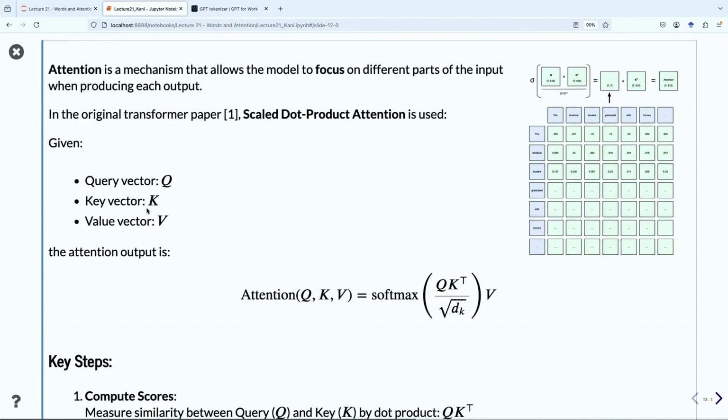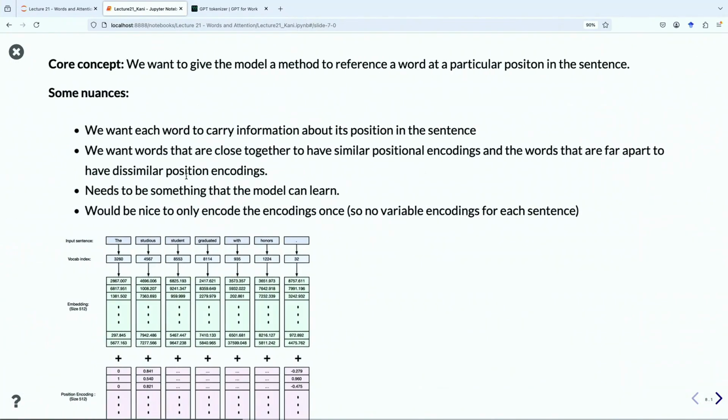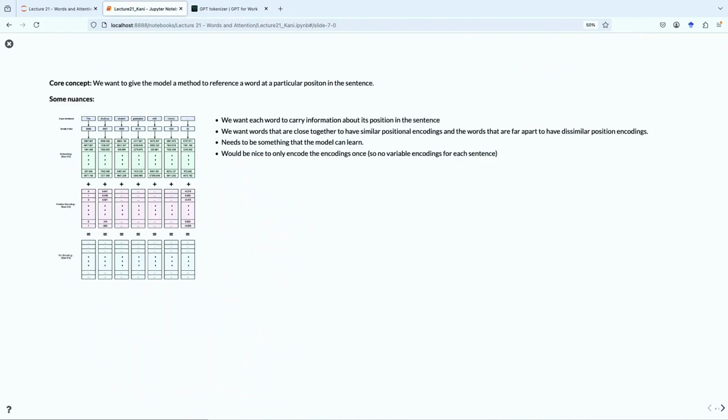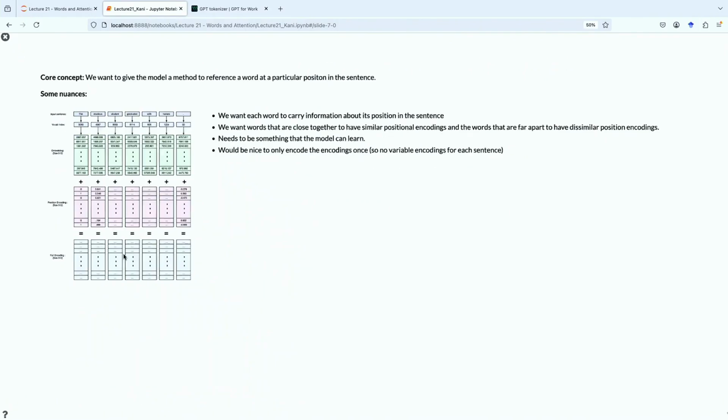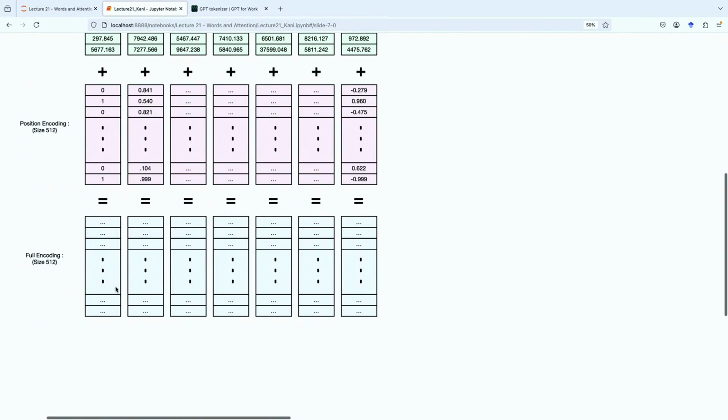So in the encoder stage, each of these values is equal to this matrix here, okay? The input matrix we got before by taking the embedding and adding the positional encoding.